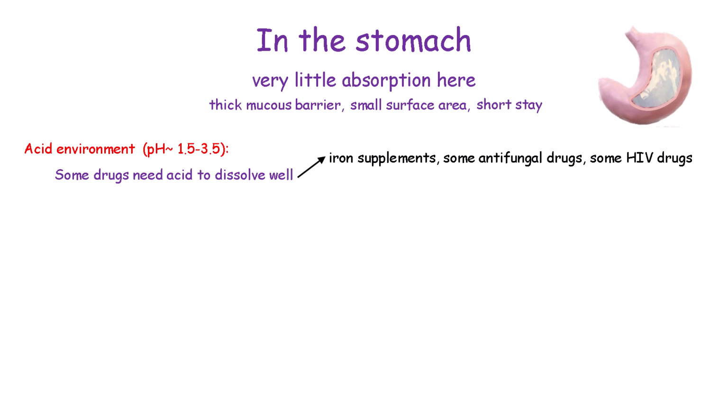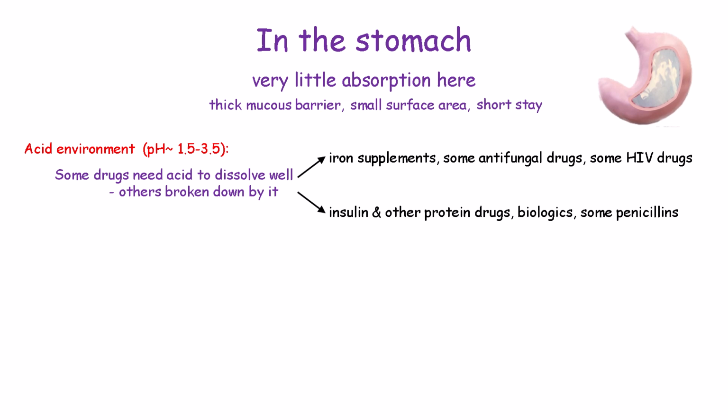On the other hand, acid can also break down drugs, destroying them even before they can be absorbed. Protein drugs like insulin and biologics are examples of drugs that don't make it past the stomach when given orally. Some penicillins are also affected. The stomach contains digestive enzymes, which also break down protein-based drugs.